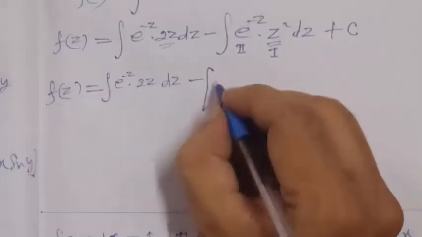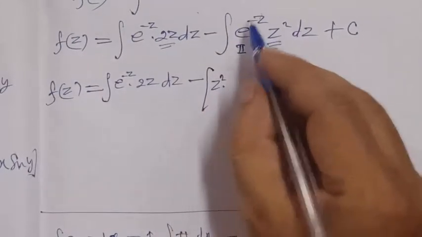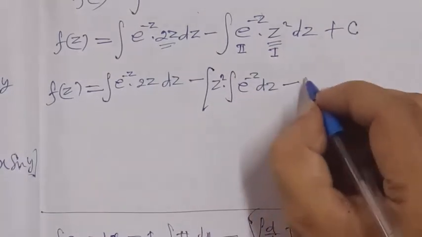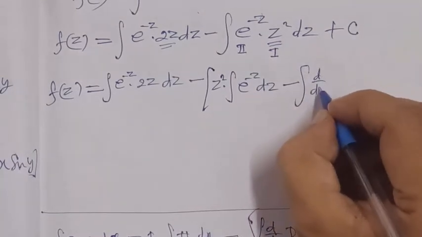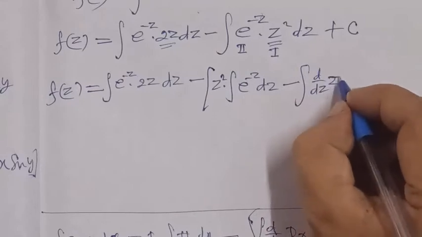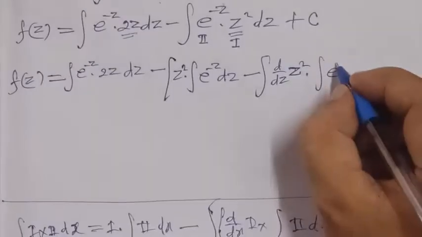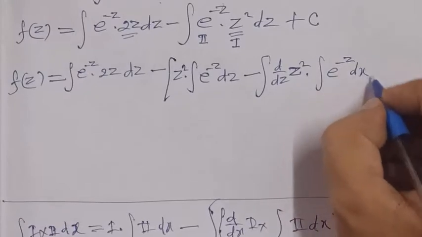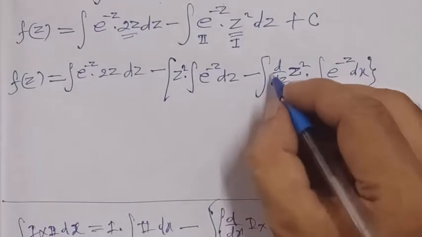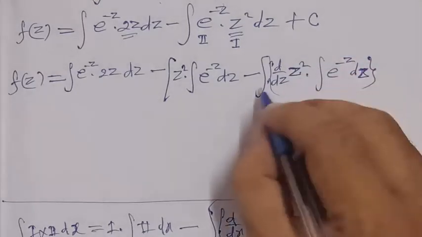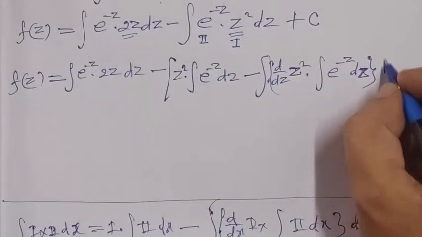So first function as it is, integration of second e to the power minus z dz, minus the differentiation of first, meaning the differentiation of z square, and the integration of second e to the power minus z, and the multiplication of these values integrated with respect to z.